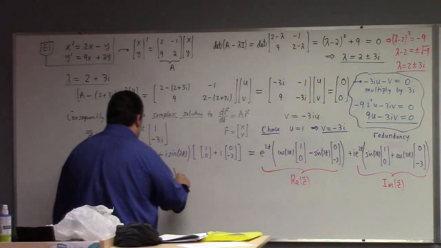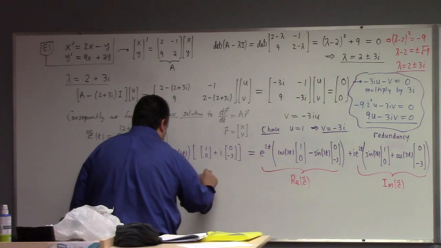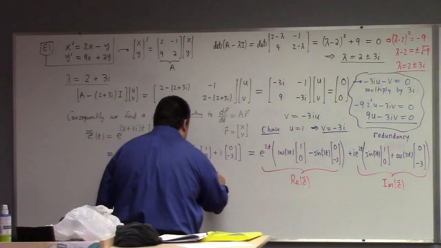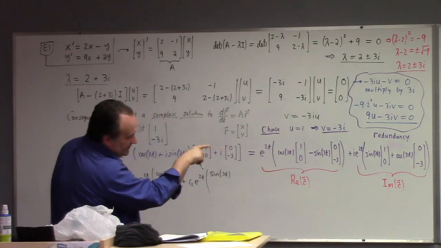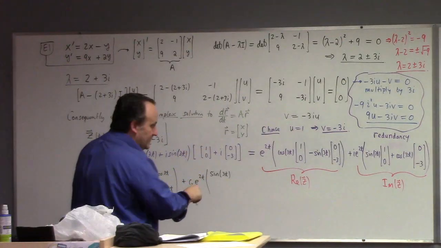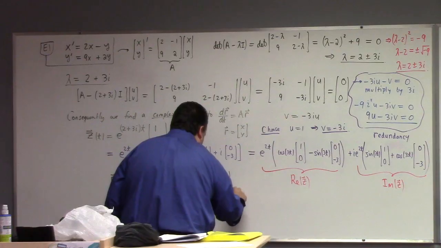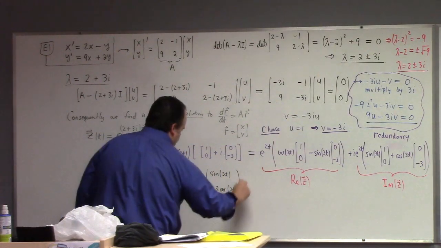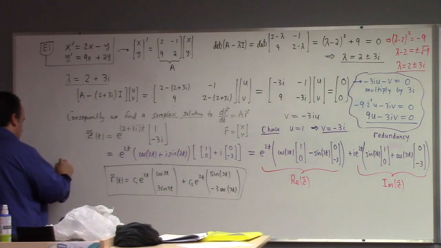And then the other one, c2 e to the 2t times sine 3t for my top component. And downstairs I get a minus 3 cosine 3t over there. Now this right here, my friends, is the real vector solution.